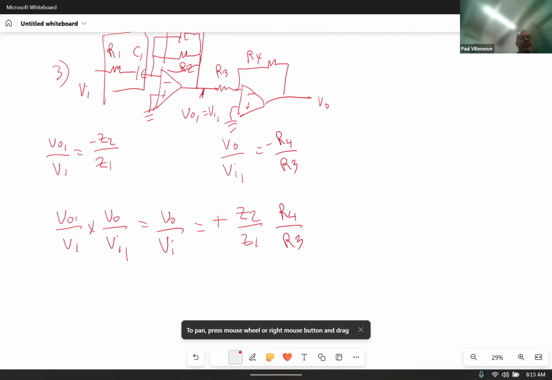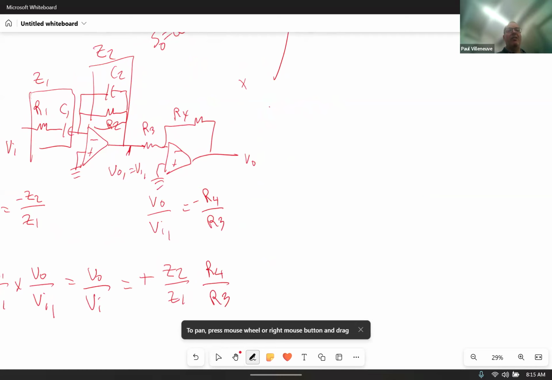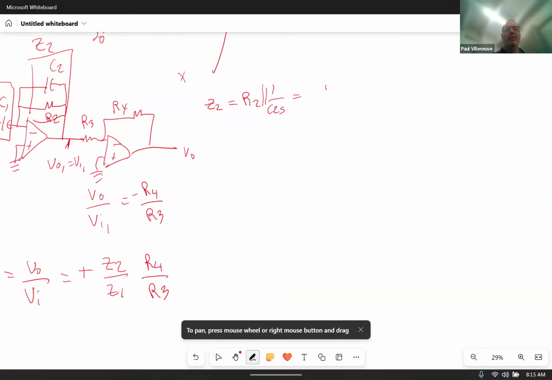It's not too bad. We see that Z2 is going to be equal to R2 in parallel with 1 over C2S, right? So that's going to be product over sum. R2 over C2S all over R2 plus 1 over C2S.